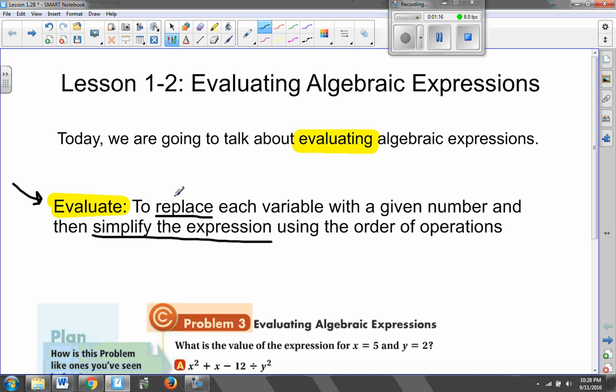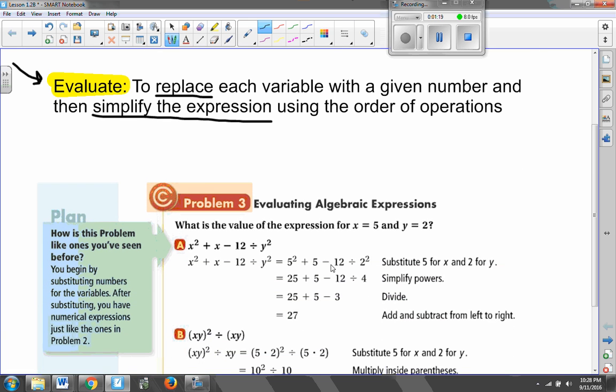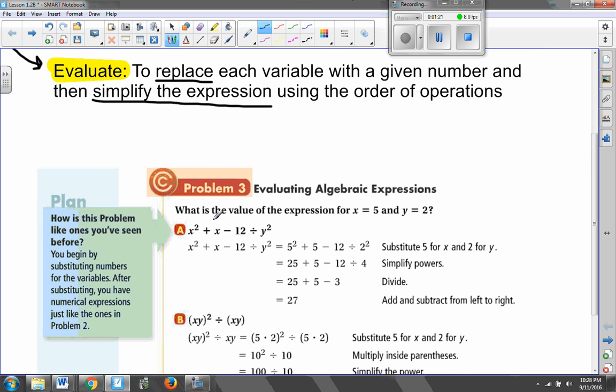So for example, if they ask you to find the value of the expression for x equals 5 and y equals 2, there's your given numbers from up here, right? It said with a given number, here's our given numbers right here, x equals 5 and y equals 2.